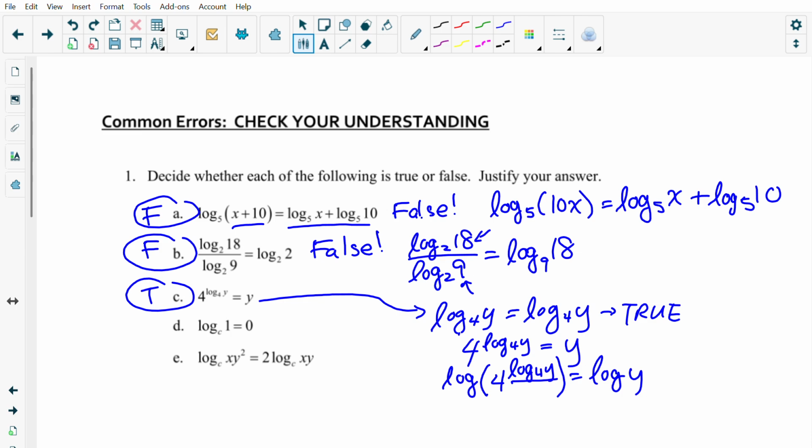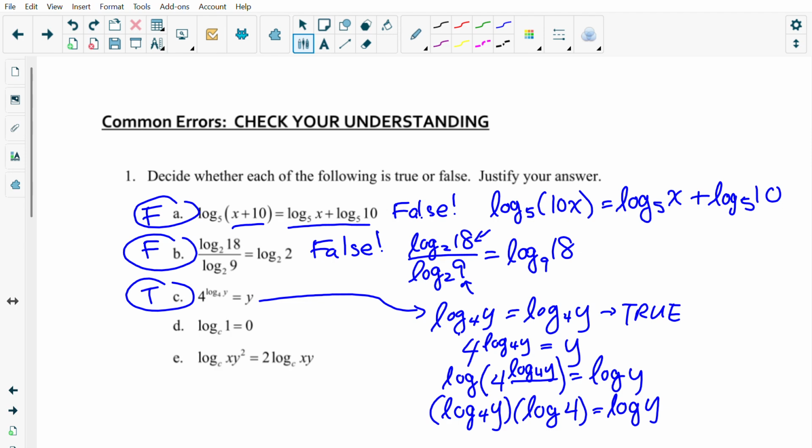I can bring this down as a coefficient with my power law. And I'm left with this expression. Let me write that properly. That's log of y, folks.